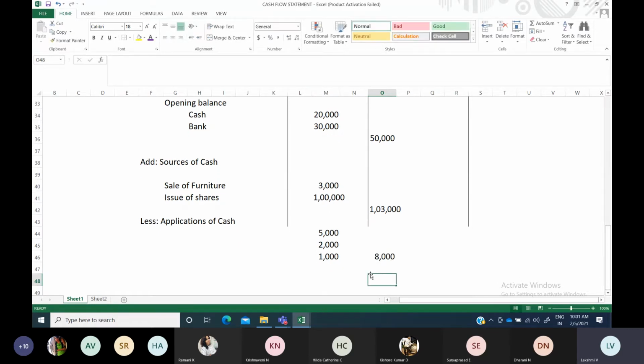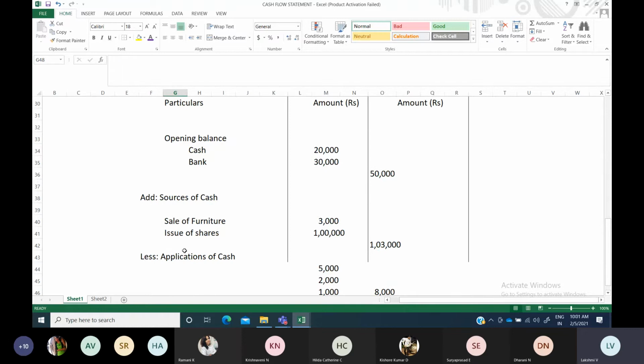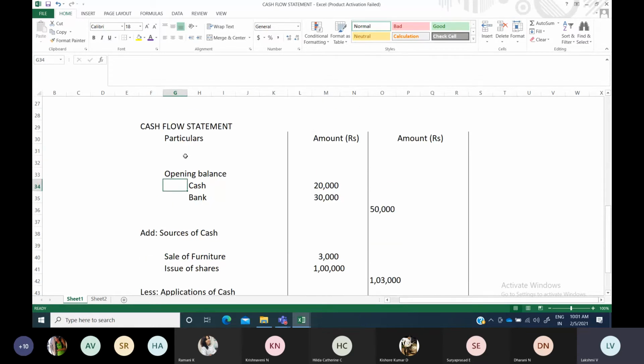And at last you have to subtract the total applications from the total sources. You subtract the same way as before, but only one thing additionally we included, the opening balance of cash and bank. That item, as current assets we had shown, and in working capital it would have gone in the first step.